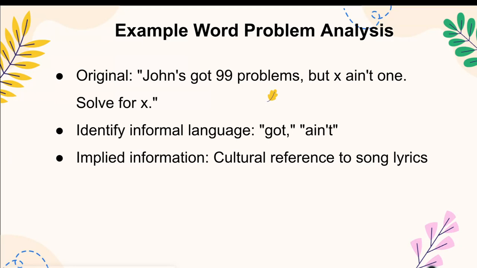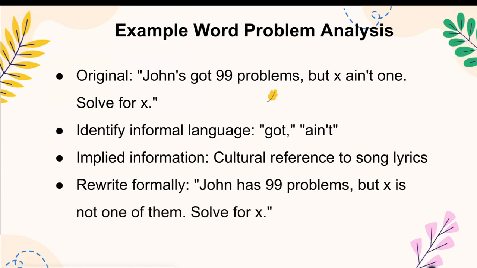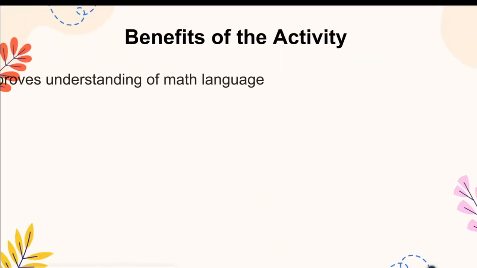We could write it formally as: John has 99 problems, but X is not one of them. Solve for X. This exercise helps students to see how language can change while the math stays the same.